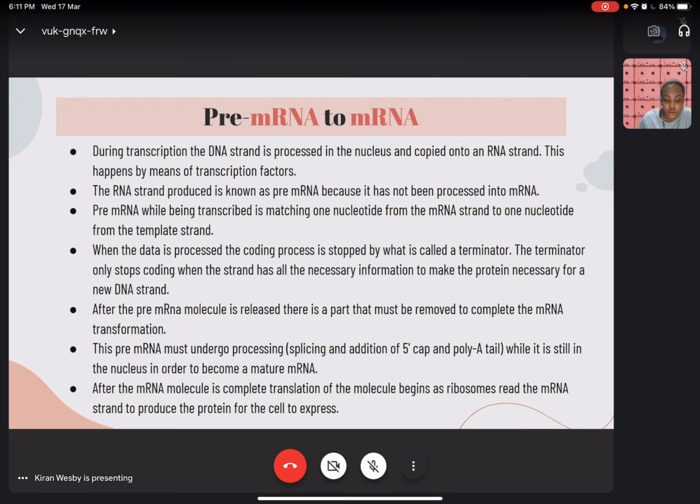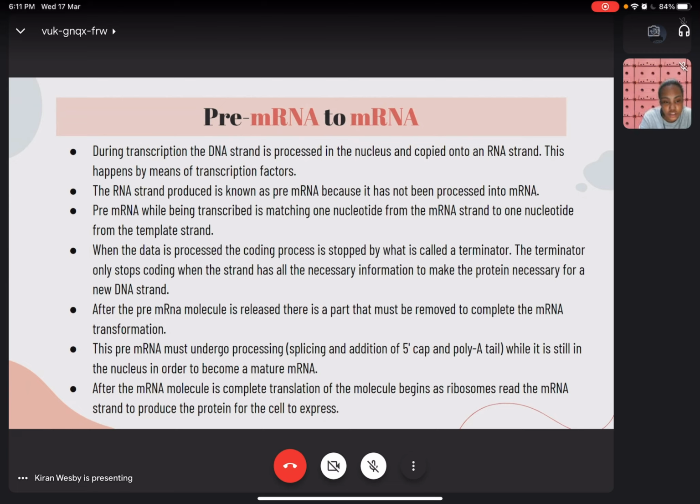There's one more process that you need to go through, and that's called splicing. Splicing is the removal of your introns. Your introns are the parts of the new strand that you don't need. They don't contain any genetic information that's useful. You don't need those parts. They're basically empty.